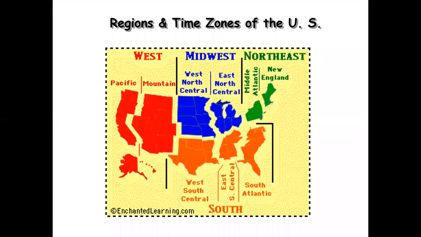Now, there are 4 regions of the United States. We have the Northeast, we have the South, we have the Midwest, and we have the West.